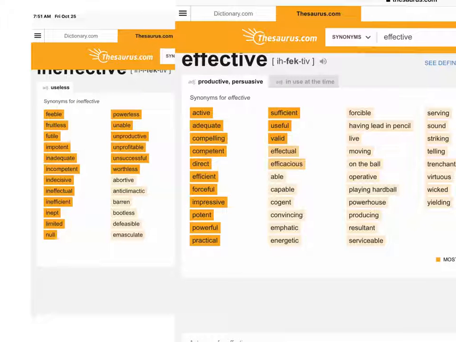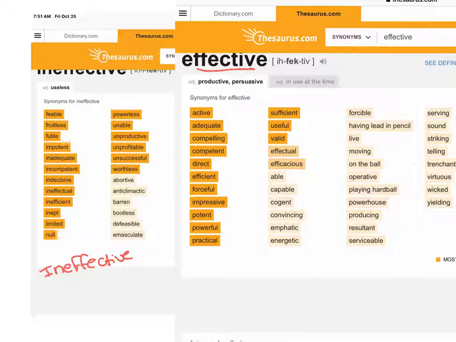I have given you some help, and I will keep this screen on the board for you throughout the class. I have given you synonyms for ineffective, which is this one. And then this is effective, which you can actually see up there. So if you're like, okay, I've used effective 5 times, I don't want points counted off because I've used the same word over and over again, there you go.